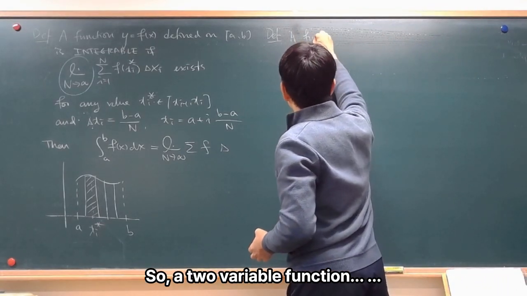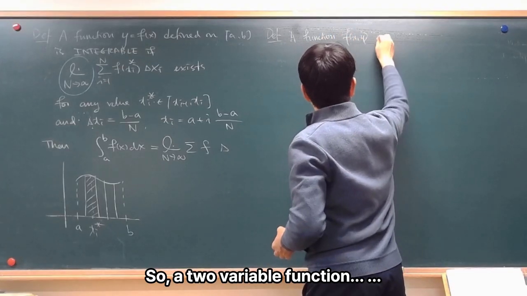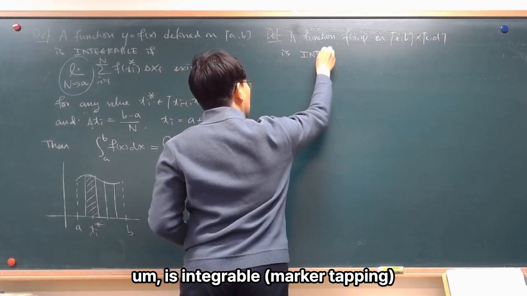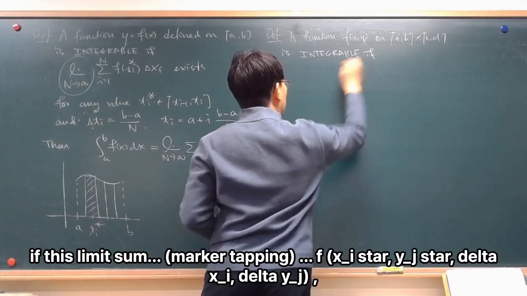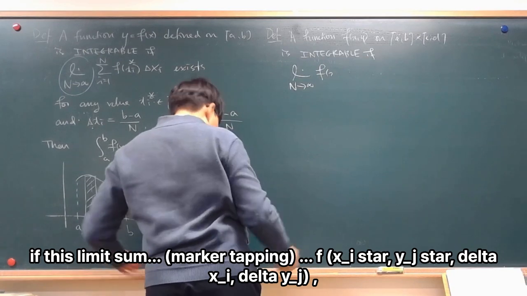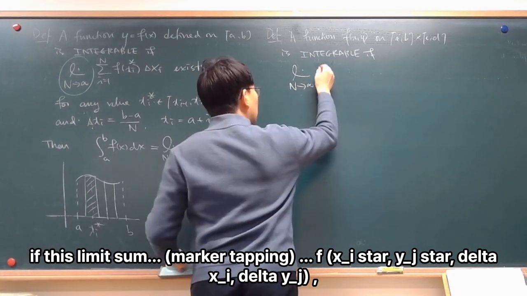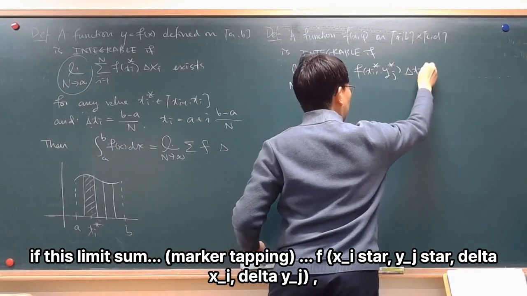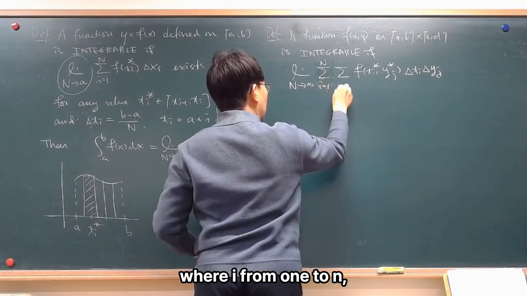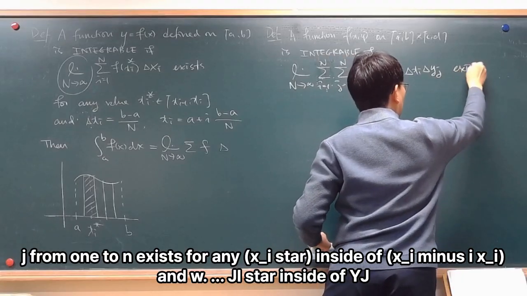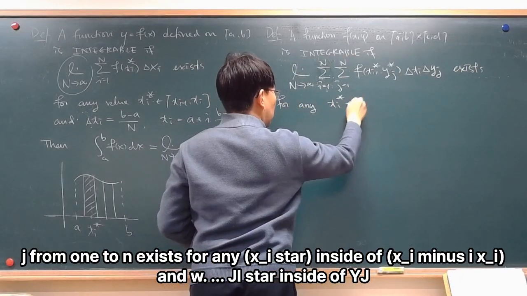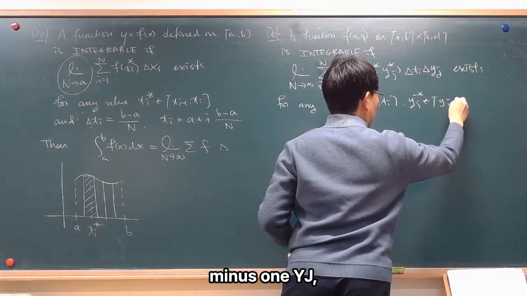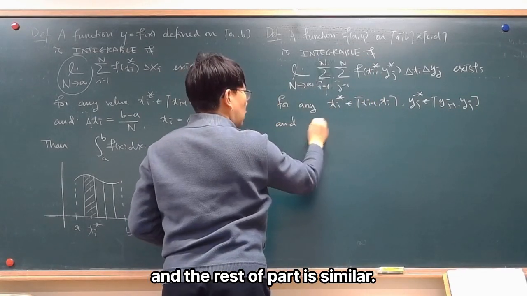A two variable function on, again, a rectangular region a, b times c, d, is integrable if this limit of the sum of f of xi star, yj star, delta xi delta yj, where i from 1 to n and j from 1 to n, exists for any xi star inside x sub i minus 1 to x sub i and yj star inside y sub j minus 1 to y sub j, and the rest of the part is similar.